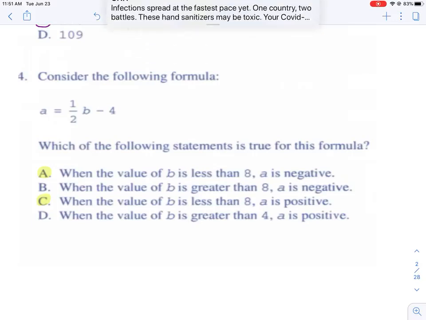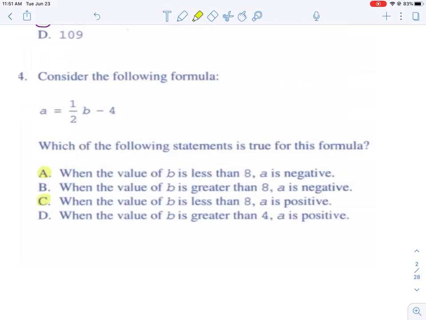So pick a number that's less than 8, okay? So let's pick the number 7. Seven is less than 8, and let's plug it in. Well, we would get 1/2 of 7 minus 4. Half of 7 is 3.5, 3.5 minus 4.